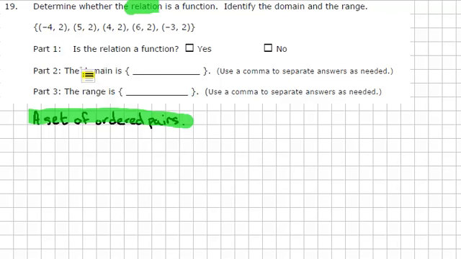I think it's easiest if we first of all identify the domain of this particular relation. What is the domain of a relation? Well, the domain is the set of all valid inputs.